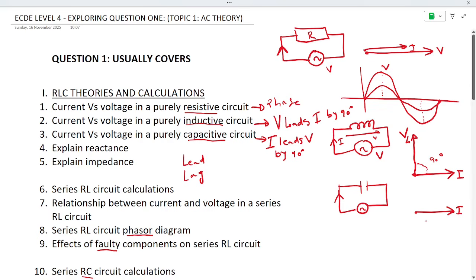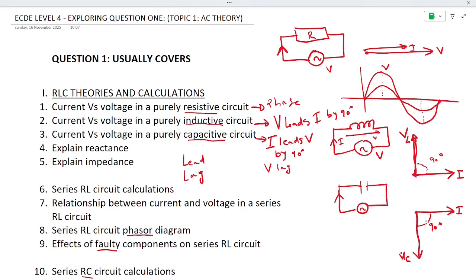On the inductor, leading, the vector was pointing up. In the capacitor, the current is leading, which means the voltage is lagging. Lag means there is a delay. A 90-degree delay means it's going to be pointing down. So that will be your VC. Your VC there is pointing down, late by 90 degrees.